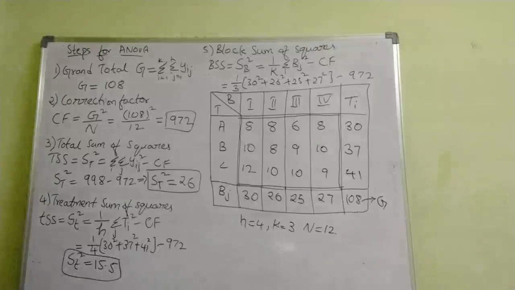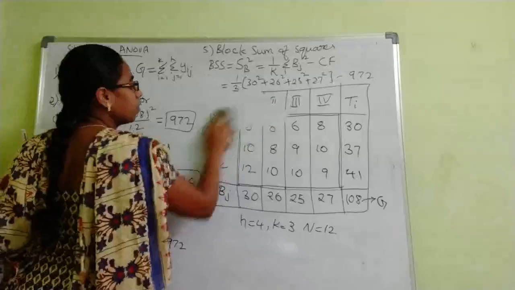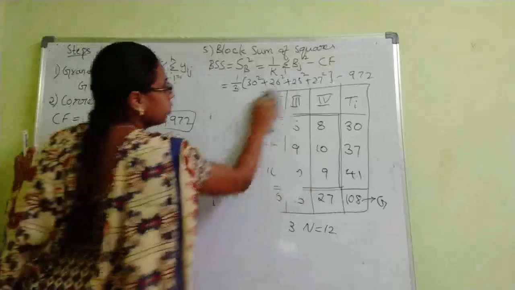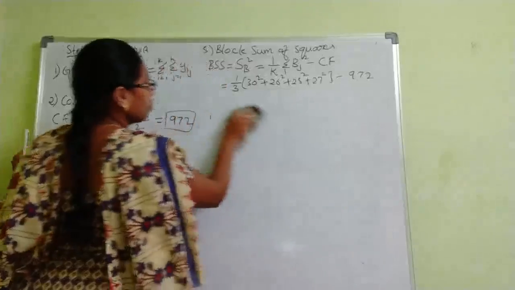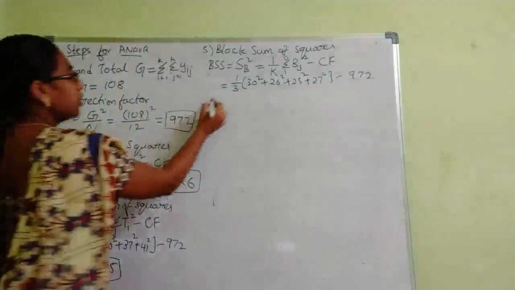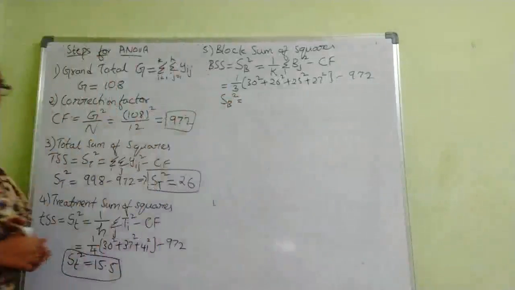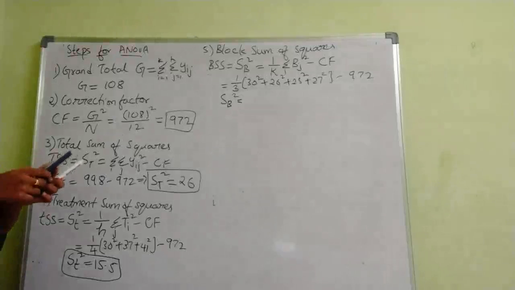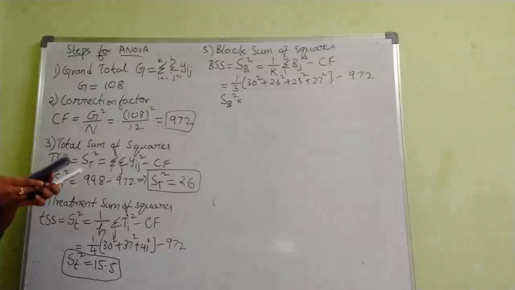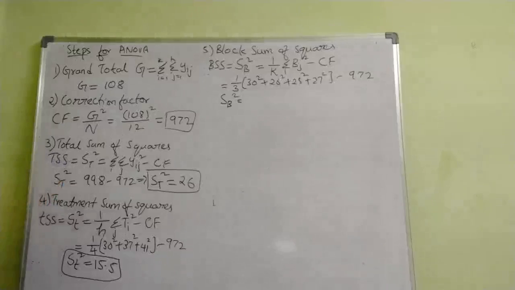Now this box is not needed. I'll rub this box, copy this one. So now block sum of squares value, that is SB square, equals to, solve this one, that is 30 square plus 26 square plus 25 square plus 27 square divided by 3, that is 976.666 minus 972.